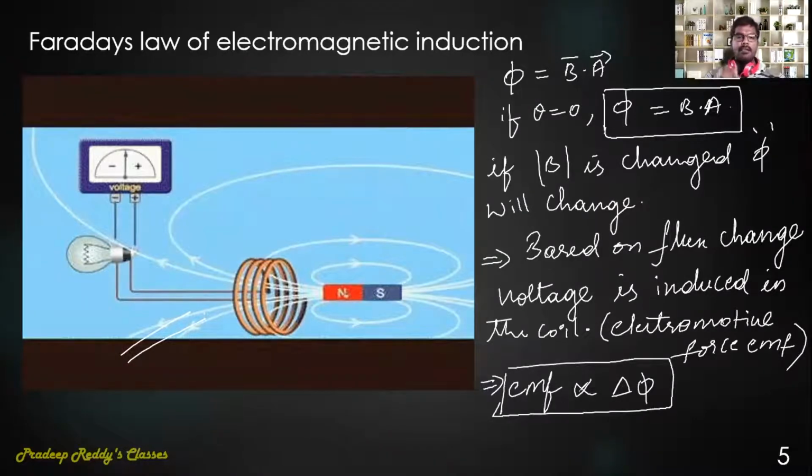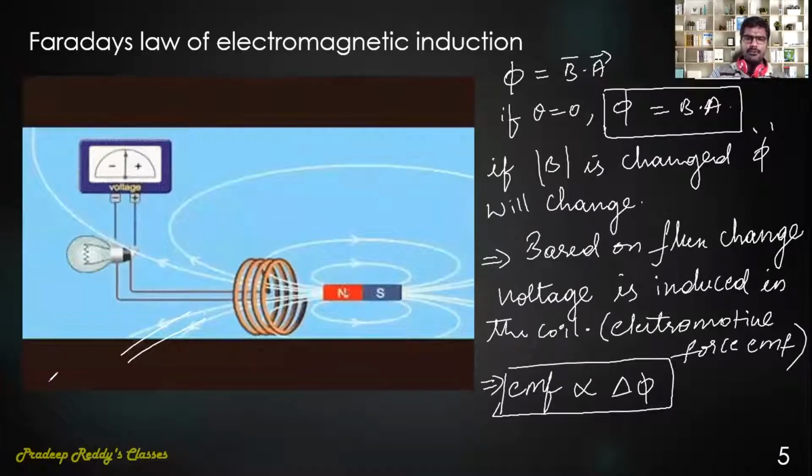Okay, and one more observation you can understand from this animation is, if you are bringing the magnet closer to the coil, the voltmeter reading is deflected right side. If the magnet is brought out from the coil, the voltmeter deflection is towards the left side. So the effect produced when the magnet is brought closer and the effect produced when the magnet is brought out from the coil is not the same. There is some change in the direction of EMF produced.